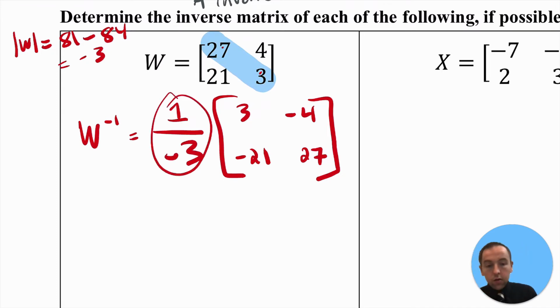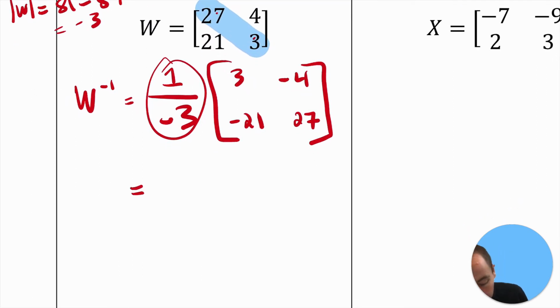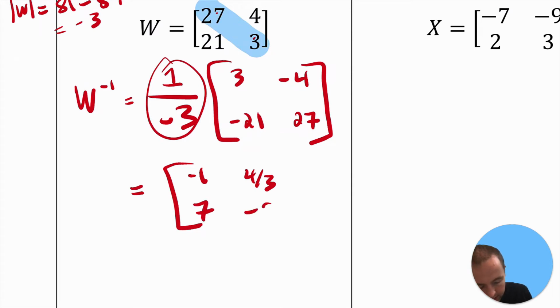It's really just a fraction -1/3 in front of a matrix. You just multiply it with all the numbers inside. So we end up getting -1/3 of 3 is -1, then a positive 4/3, because we're doing negative times a negative, another positive 7, and then -9.